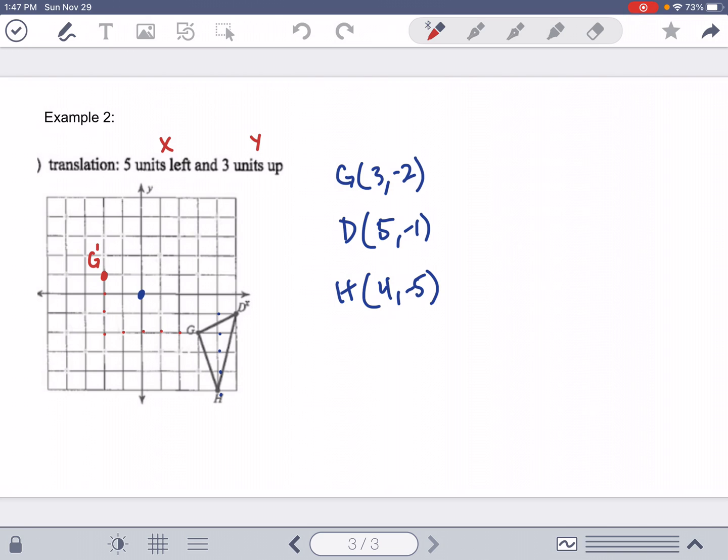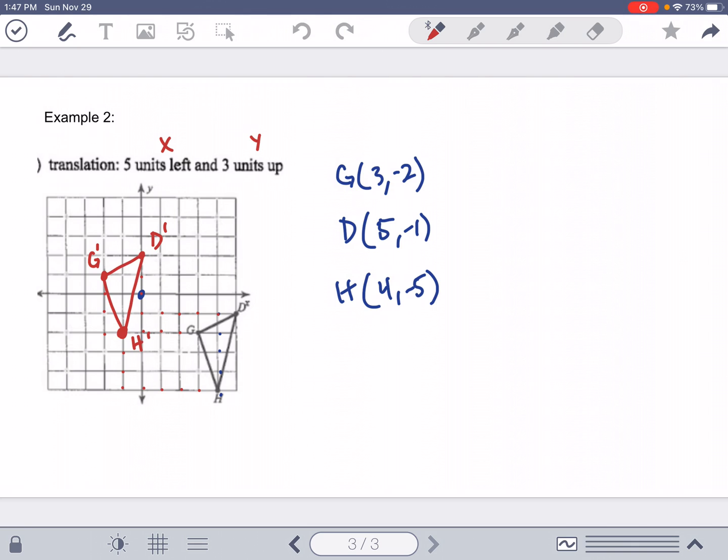So there's my G prime. D, 5 units left. 1, 2, 3, 4, 5. 1, 2, 3. There's my new D. 1, 2, 3, 4, 5. 1, 2, 3. That'd be my H prime.